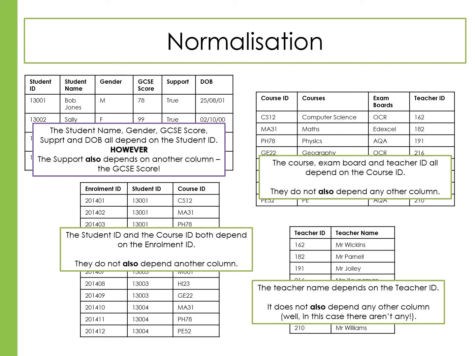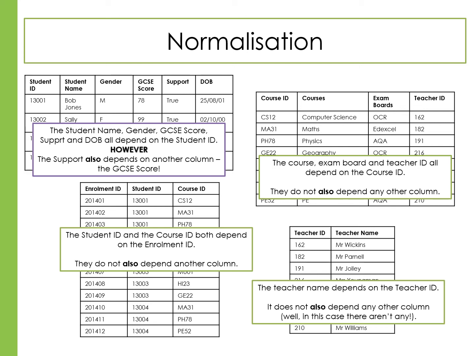However, if we look at the student table, we have the student ID and we have student name, gender, GCSE score, support and date of birth. Well, we could think that support also depends on another column, the GCSE score. Do they need support or intervention?